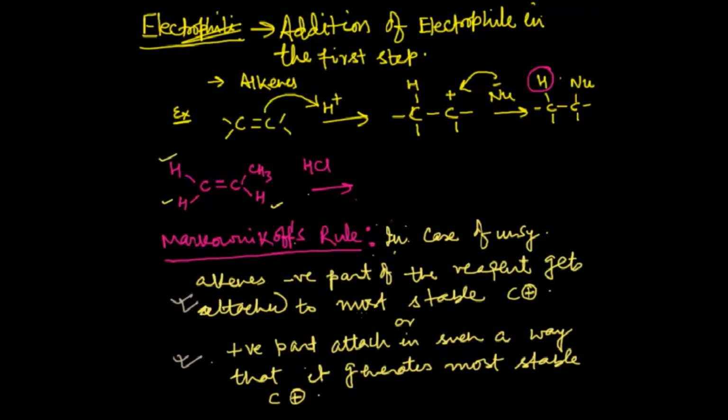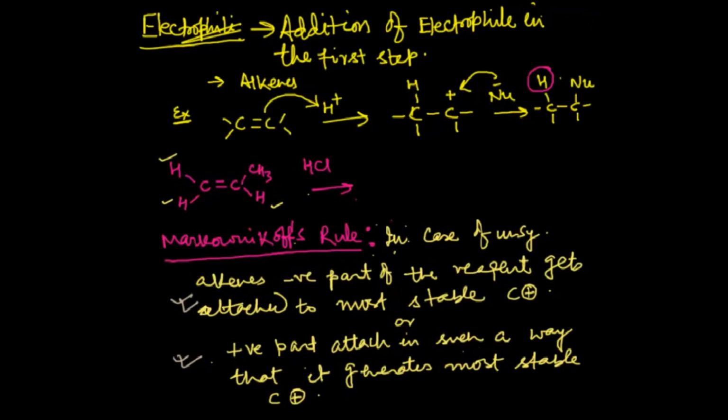So there are two different ways of saying the same statement. One is: the positive part of the reagent must attach to that carbon which generates the most stable carbocation. Or the other way around, the negative part of the reagent goes to the most stable carbocation.